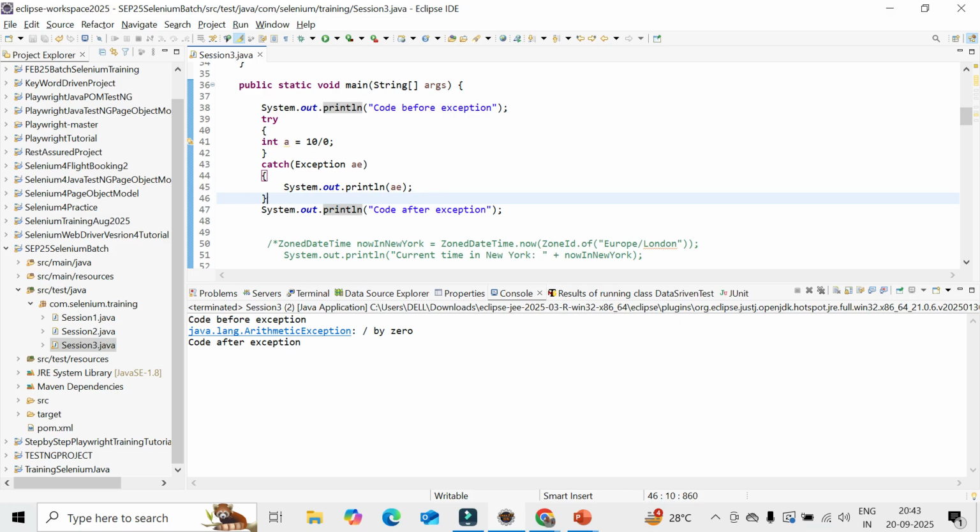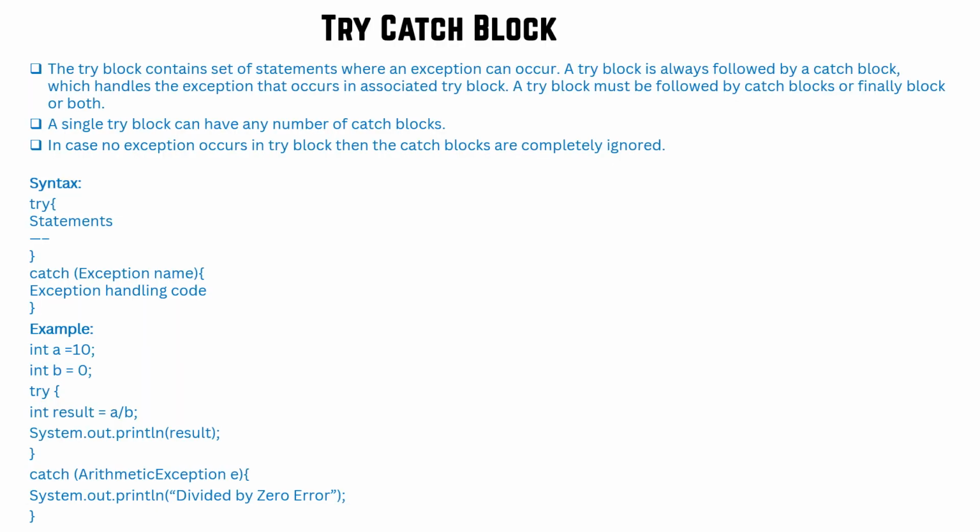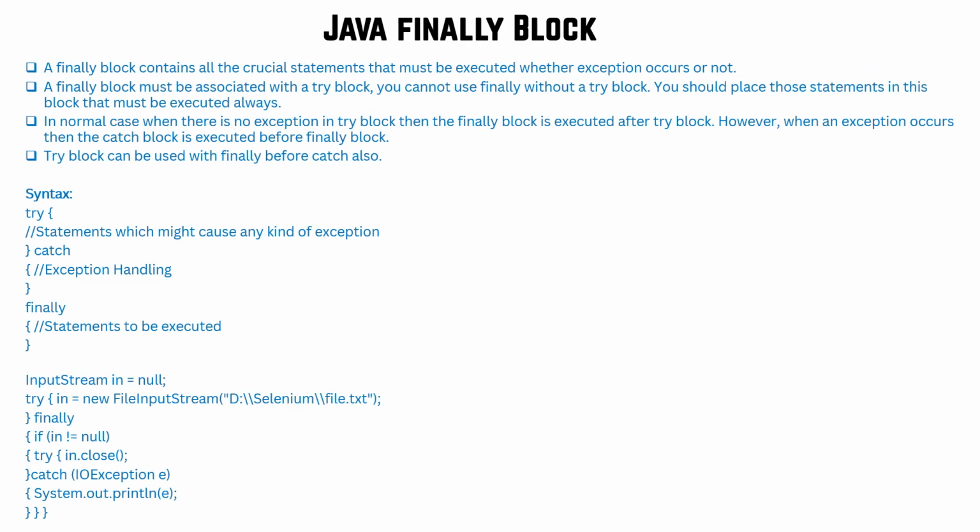Now in the Java try catch block, I can also add a finally block. The finally block contains all the crucial statements that must be executed whether an exception is coming or not. In case sometimes an exception is not coming, I still want to execute some code, so I can use the finally block in relation with the Java try catch block.